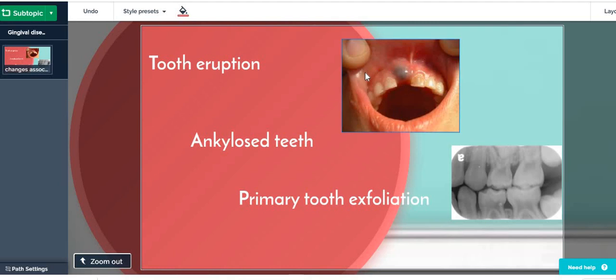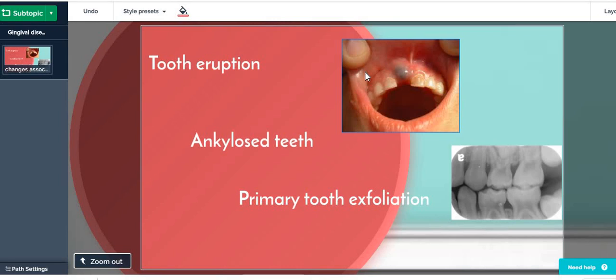The most common sites are the primary lower incisor and the permanent first molar, and most of them resolve without anything. But if it interferes with occlusion, the child may face pain.